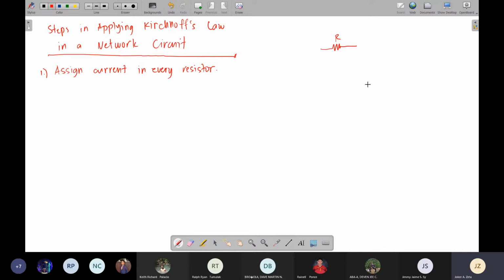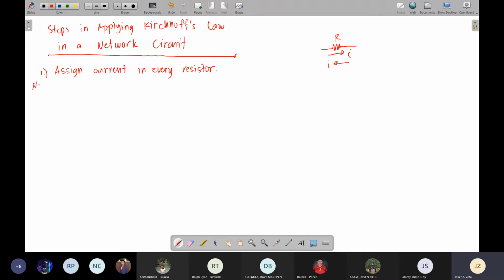Now, current is technically the flow of electrons. So, you can assign current in terms of an arrow. So, let's say, mao ni imong current is going to the right. Or let's say, for example, going to the left. Okay? Again, it's up to you. Pwede ka mag-assume going to the right, going to the left, going up, or going down. Okay? Ikaw ray bahala mag-assume sa direction.